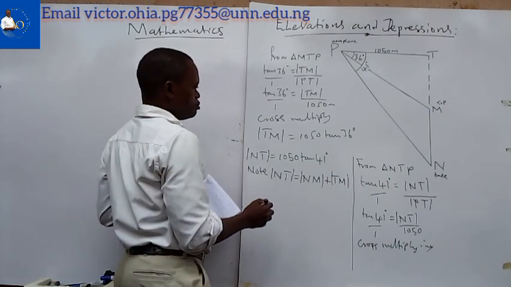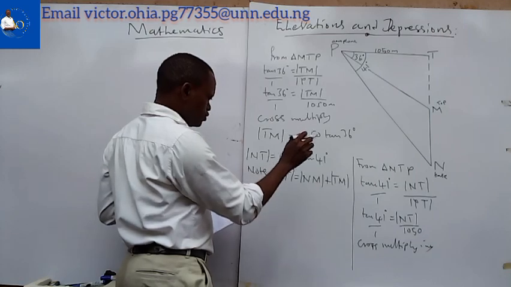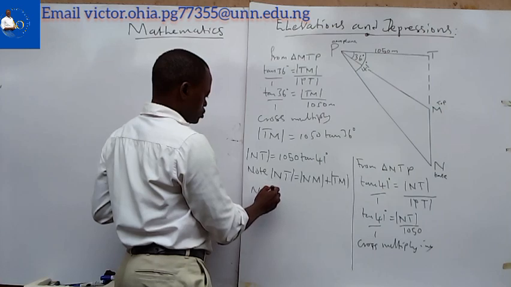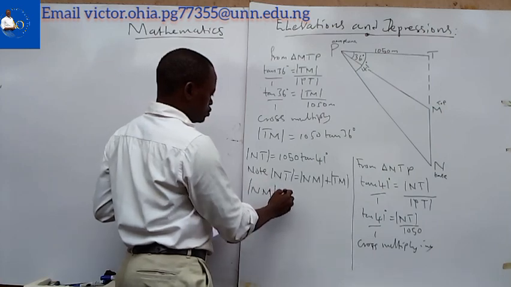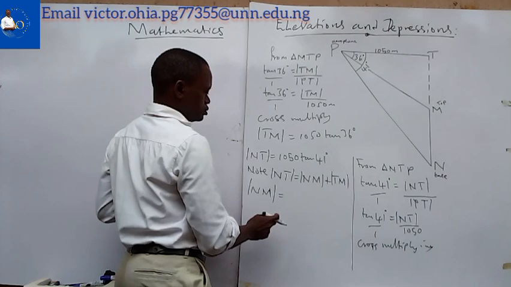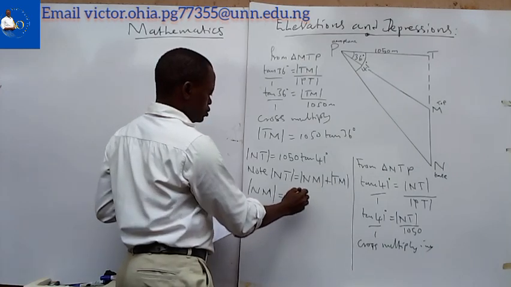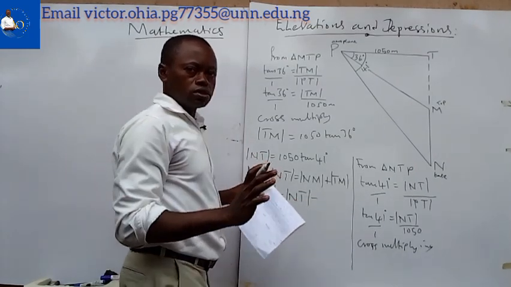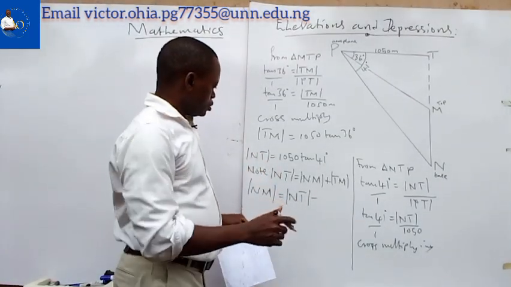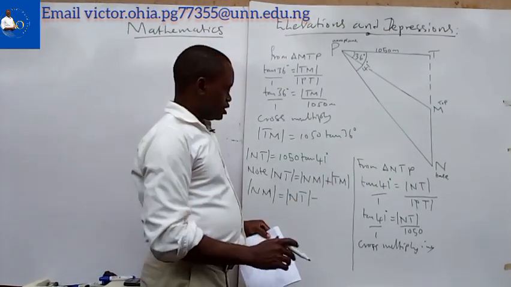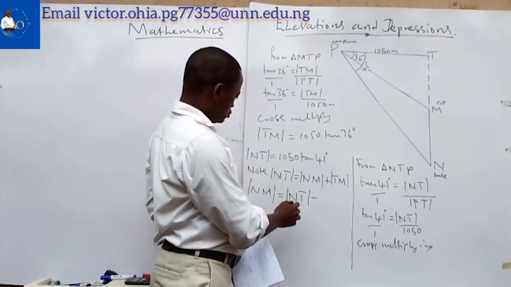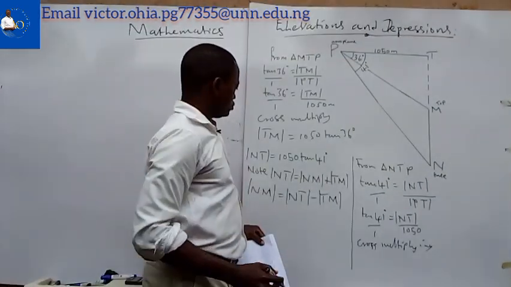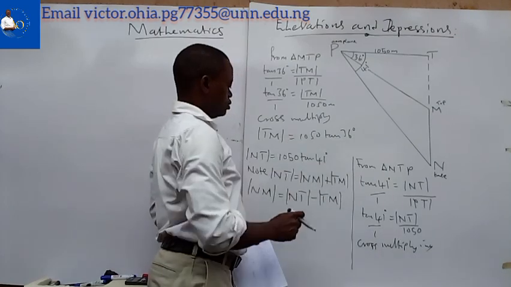So it then means that what we are looking for, which is this NM, is equal to this minus this. That is NT. I'm sure it's not causing any problem. This is just like collecting the like terms. So we remove TM, and you know that TM is already here.